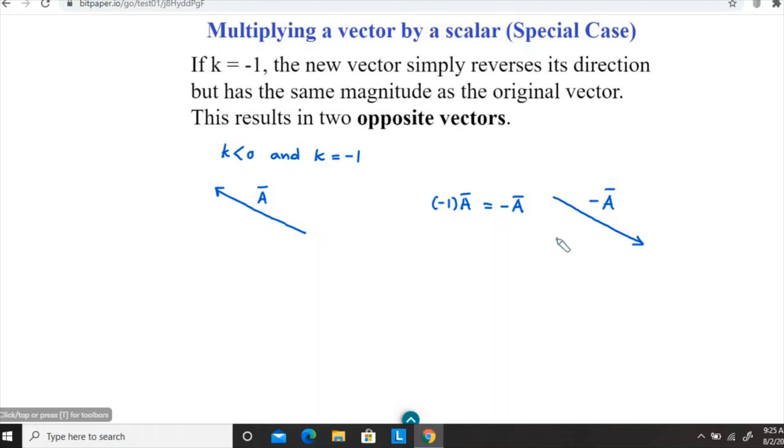So the pair A vector and negative A vector, if they are of the same kind, that is, you have the same magnitudes, they are opposite in direction, but they are same kind vectors. Let's say they could be force vectors, they could be displacement vectors, they could be velocity vectors. If that's the case, then we say that these are opposite vectors.